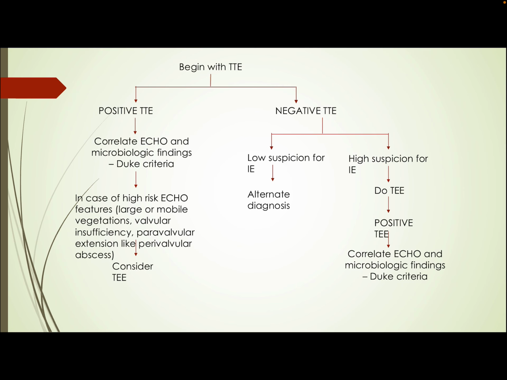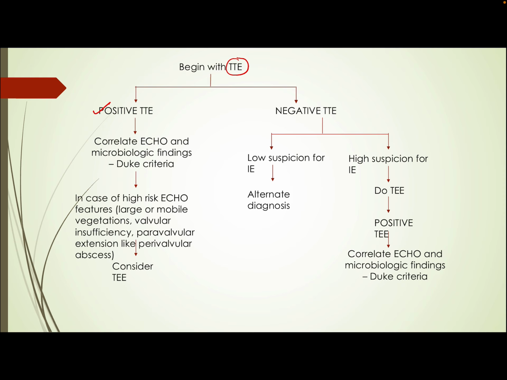So coming to the imaging part, for patients we usually begin with a transthoracic echo. If it is a positive transthoracic echo, we will correlate these echo findings with microbiological findings, and we basically put all this into the Duke criteria.